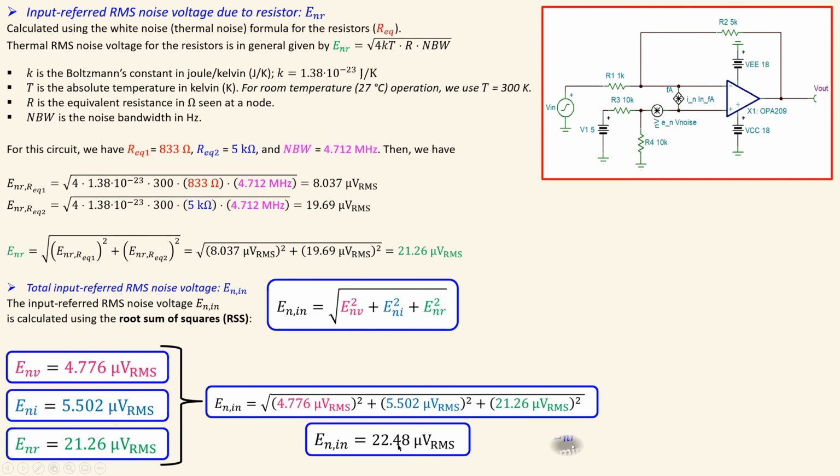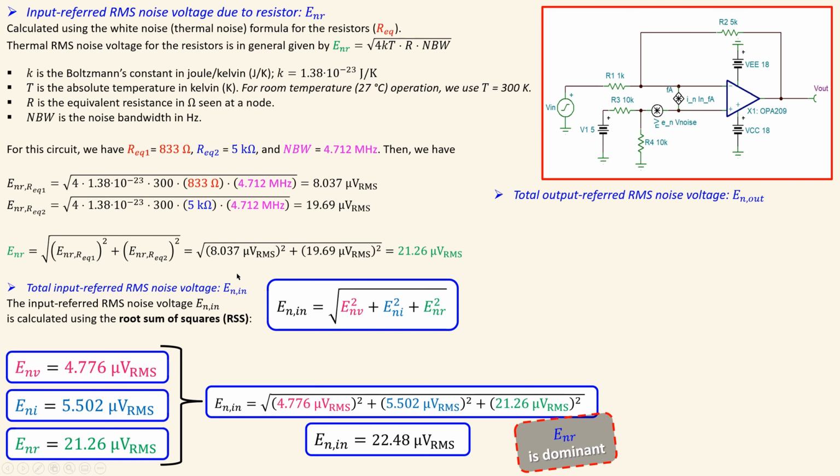And you can already see that the thermal noise due to the resistors is actually dominating here, because the 21.26 microvolt RMS and this one, the actual value doesn't really differ a lot. So this is really dominating, which is then the thermal noise voltage due to the resistors.